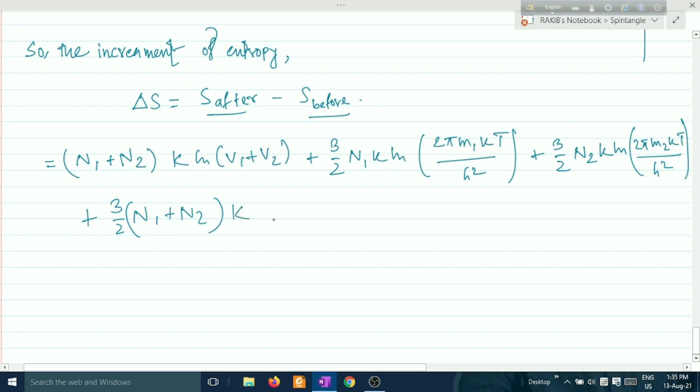So this is the S after, and now we have to subtract this from the S before.